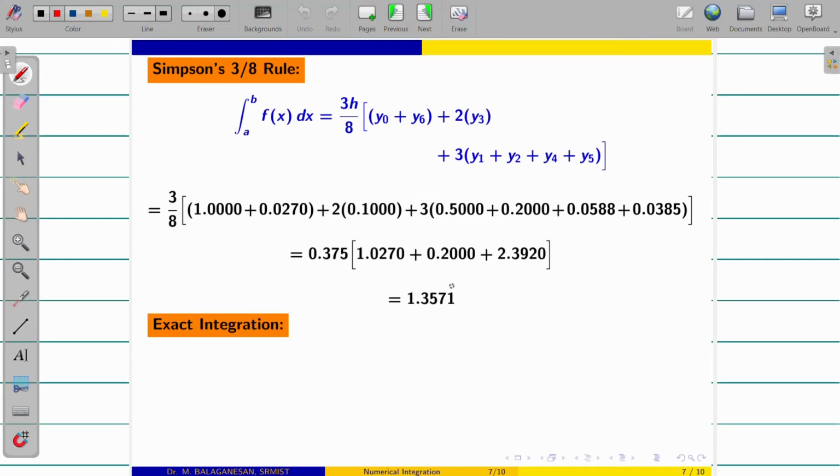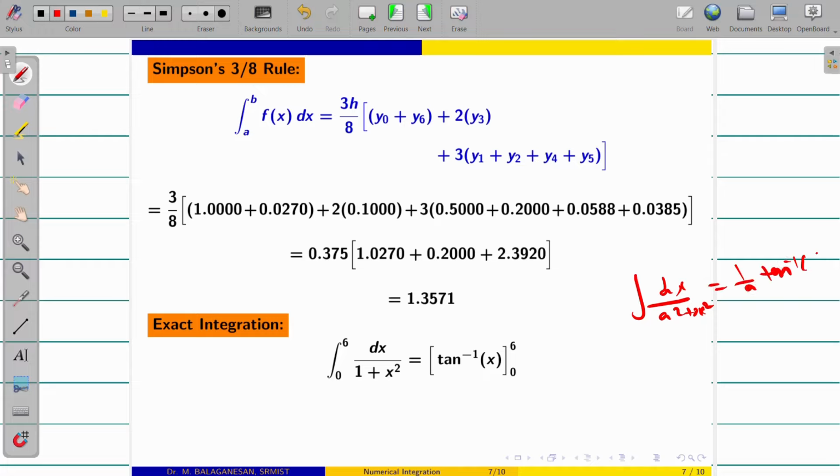That's it. So they asked to additionally compare with the exact integration. How to do exact integration? As I told you already, you need not do it manually. If you want to integrate manually also you can do. So it will be integral dx divided by a square plus x square, the same formula. The first problem we solved in the previous video lecture is equivalent to 1 by a tan inverse x by a.